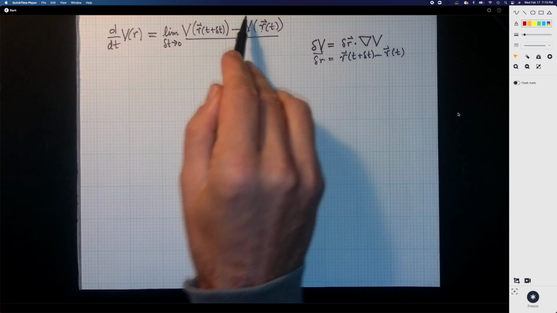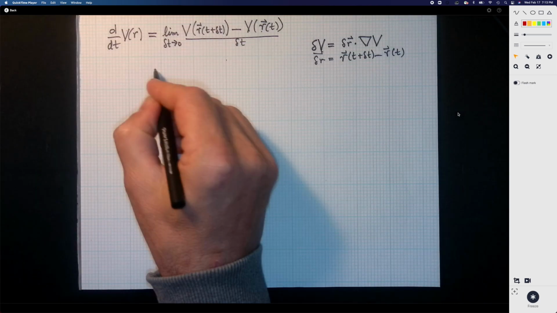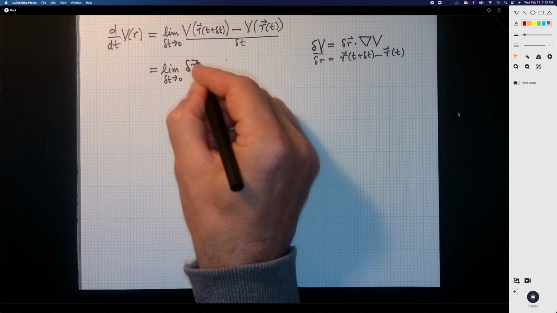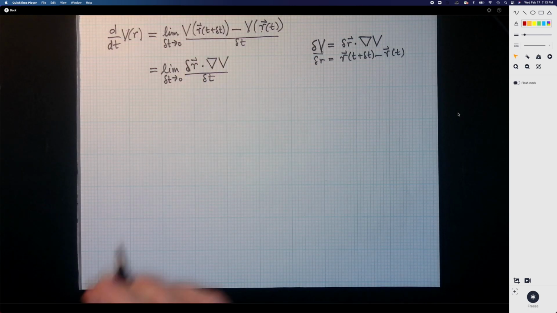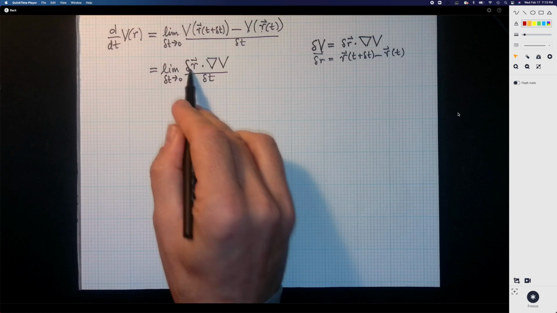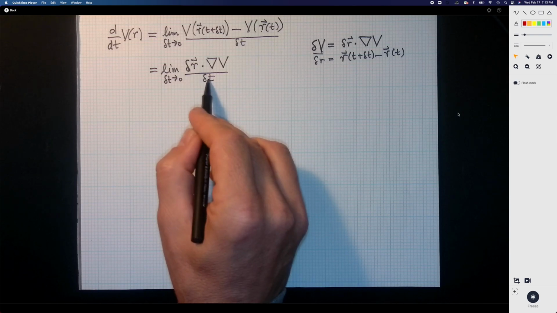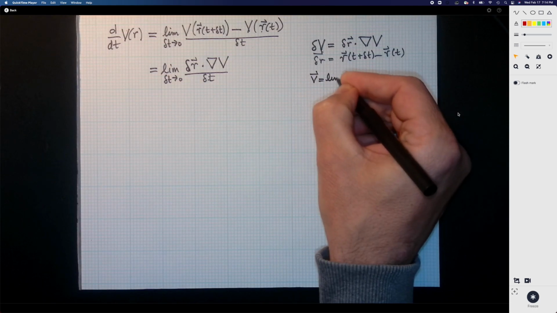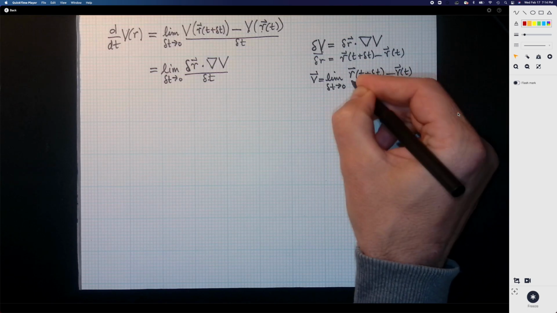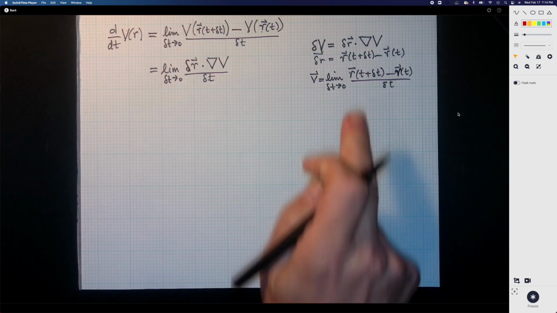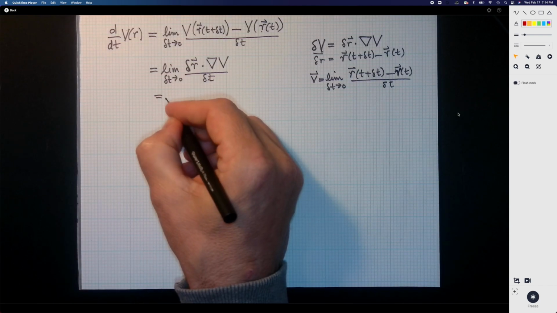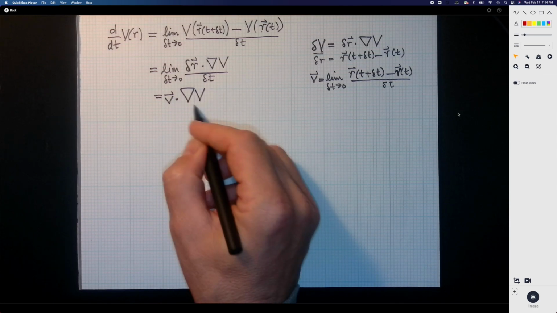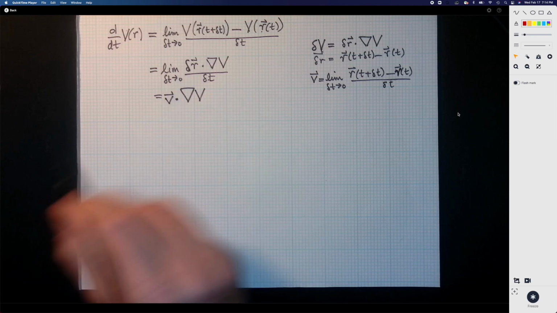If we substitute this into the difference of V in the numerator, we get a limit, and then we use the fact that the limit of delta r vector over delta t is the definition of the velocity, v. And so this becomes the gradient of V dotted with v, where the capital V without the arrow is the potential energy function, and the little v with the arrow is the velocity vector.